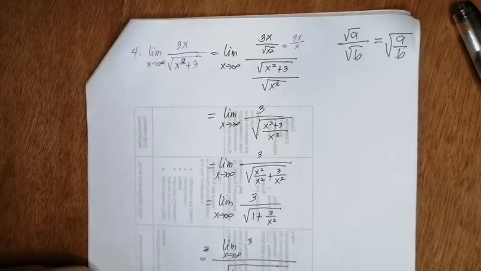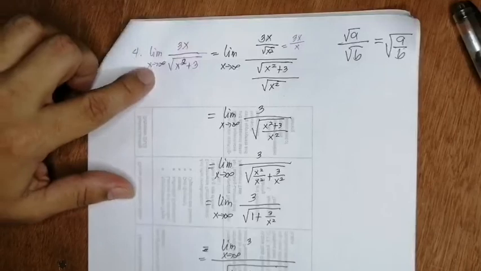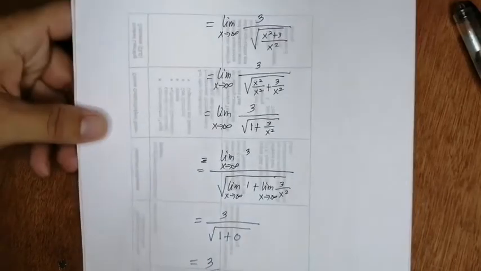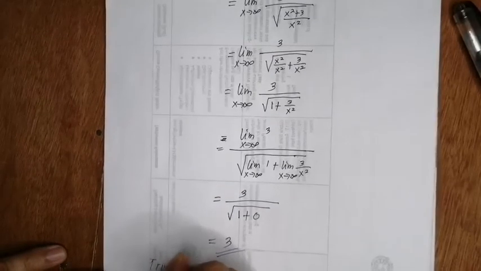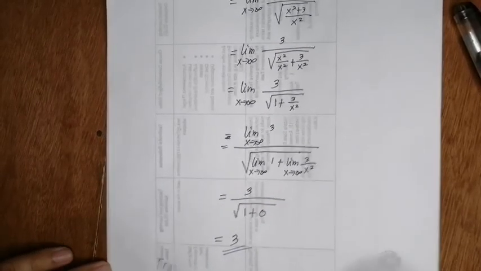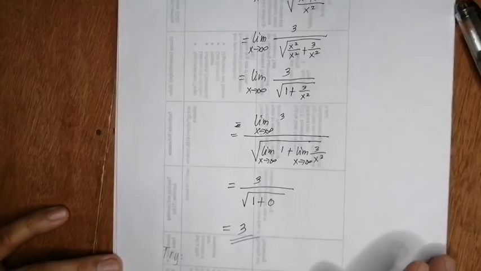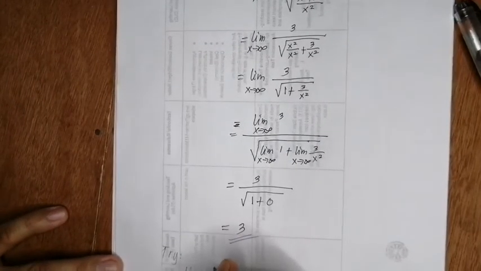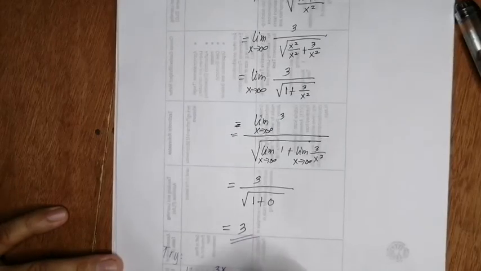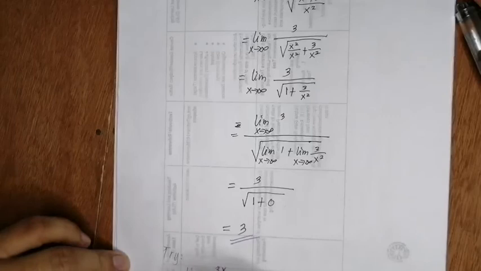Okay? Now, what if itatry mo as x approaches negative infinity? So, your turn naman. So, try mo to. Find what is the horizontal asymptote if you have limit of 3x over square root of x squared plus 3 as x approaches negative infinity.